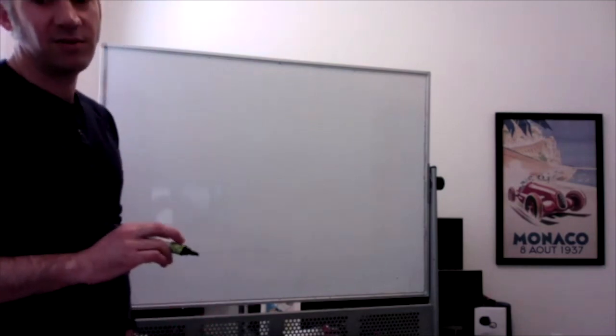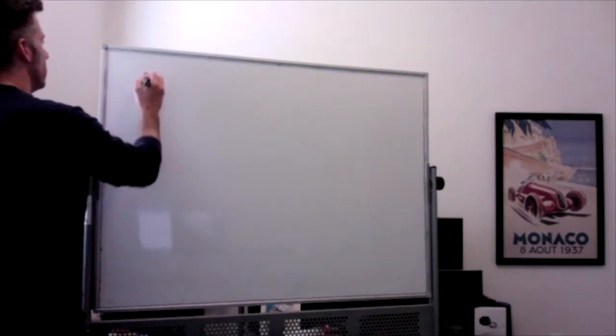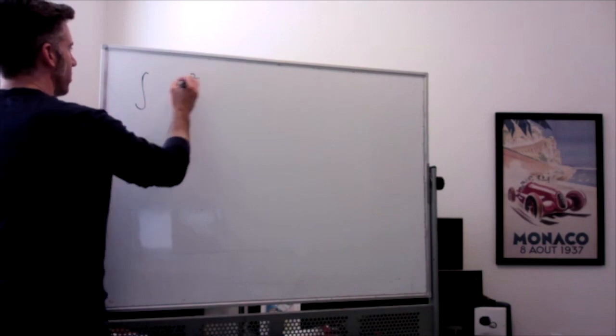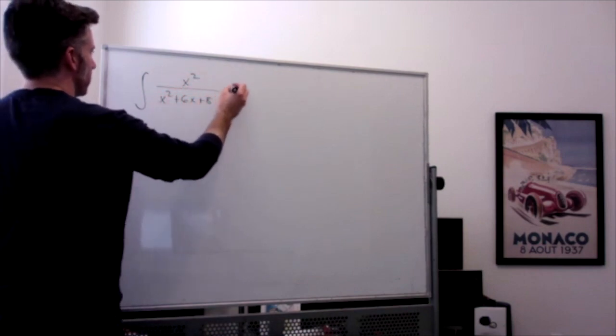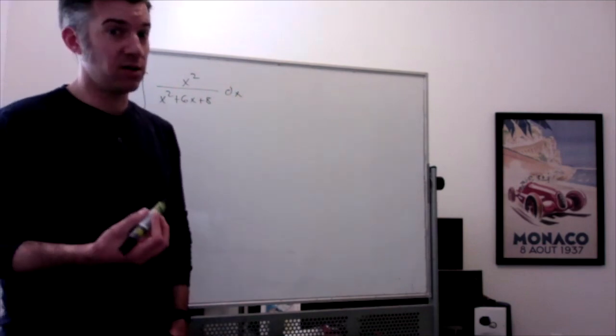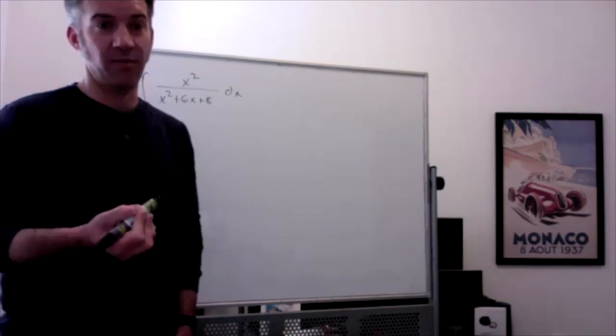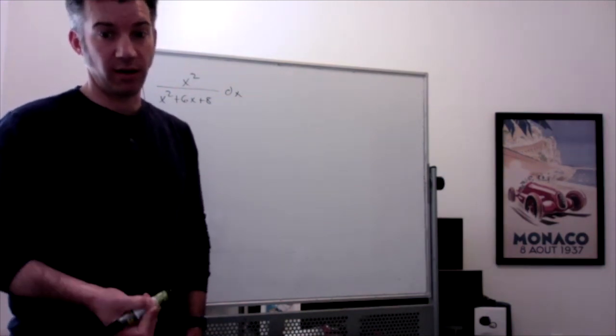Sure. This one's not my favorite, but we'll start with this, and then if you want more, another one. So let's do the integral of x squared over x squared plus 6x plus 8. Which definitely is a polynomial long division problem because the degree on top is greater than or equal to the degree on the bottom.